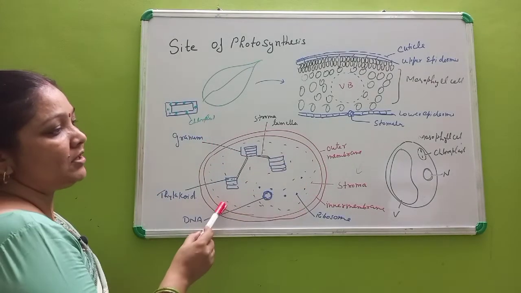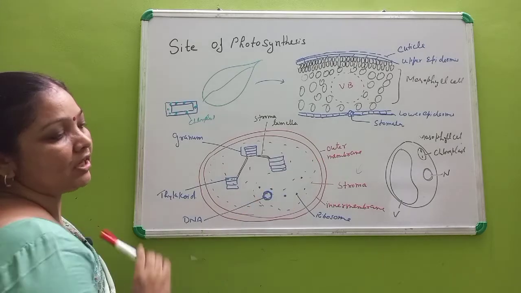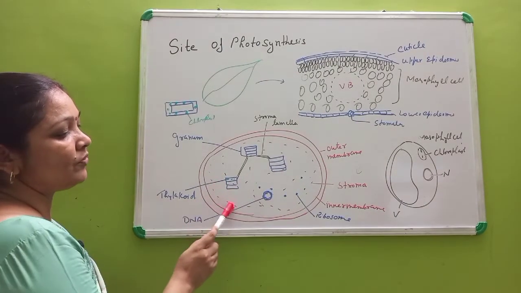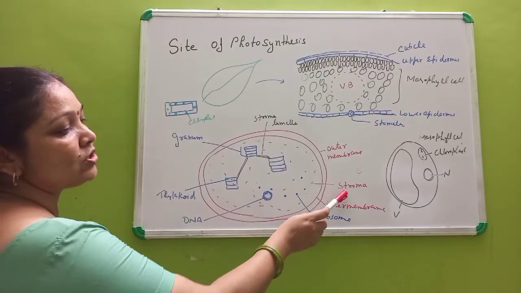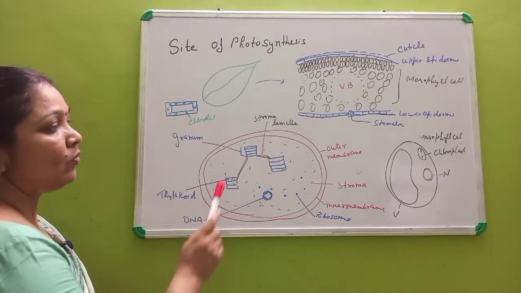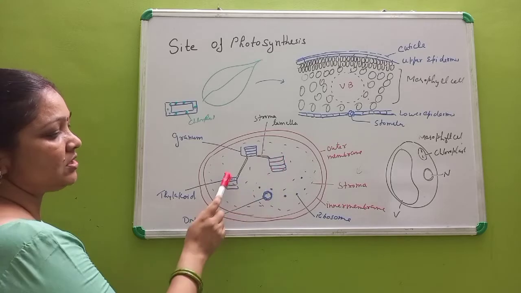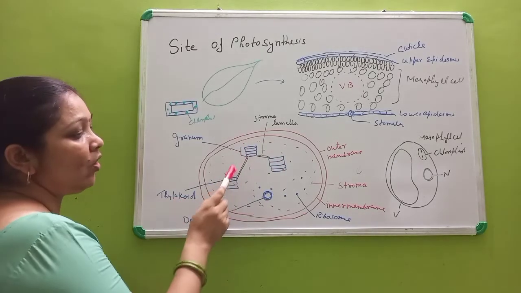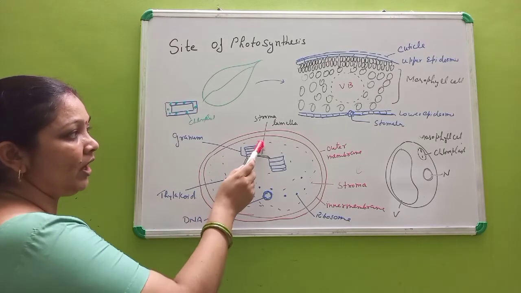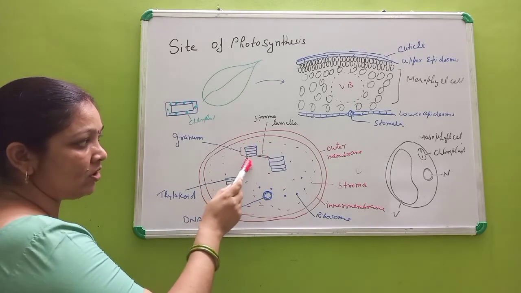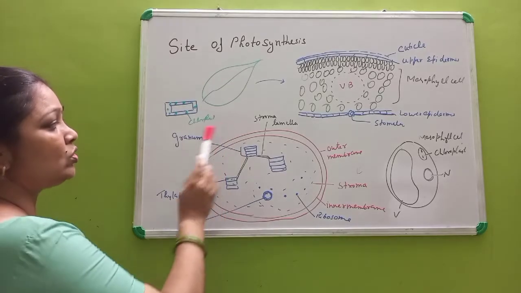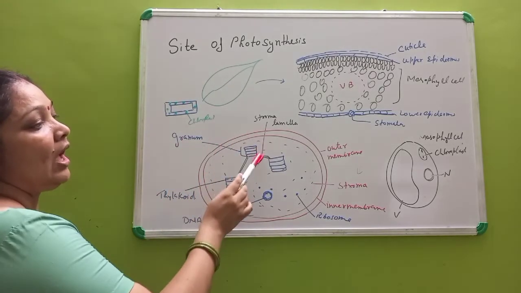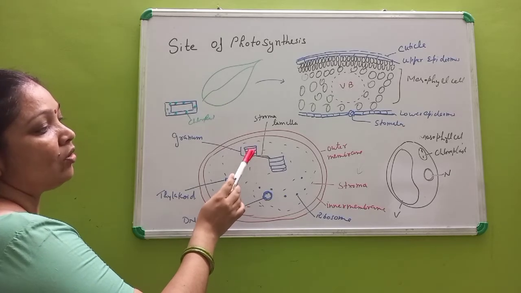Chloroplast is a double membrane structure. This is the outer membrane and this is the inner membrane, in which a jelly-like substance is present, which I have shown by a red dot, and that is called stroma. In the stroma, a stack-like structure is present, and one such structure is called a thylakoid, and thylakoids stacked together are known as a granum.